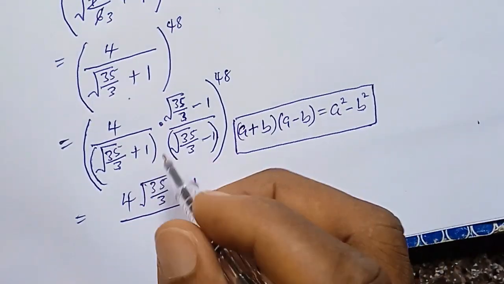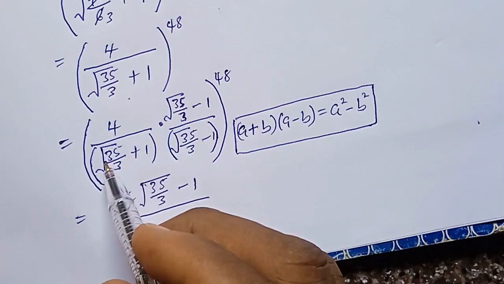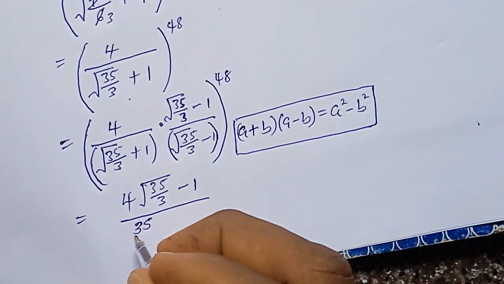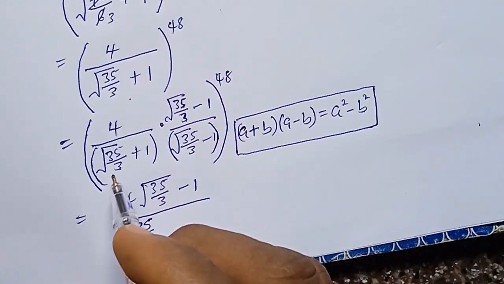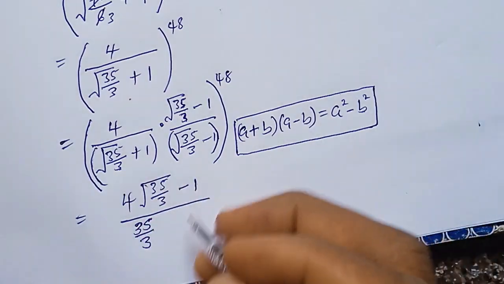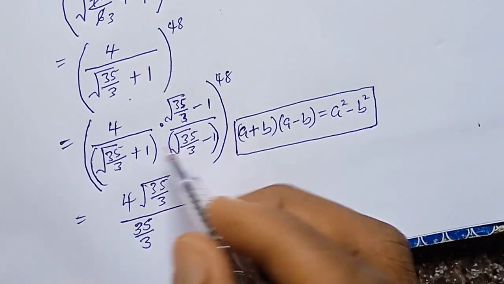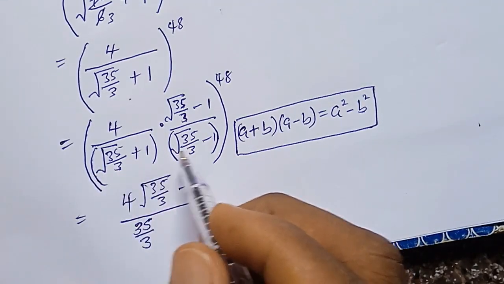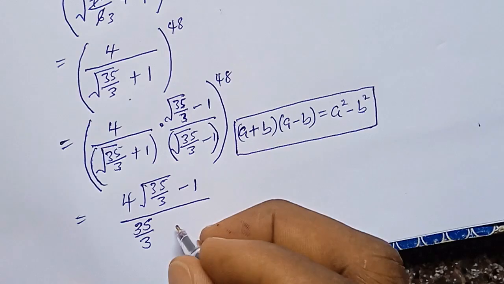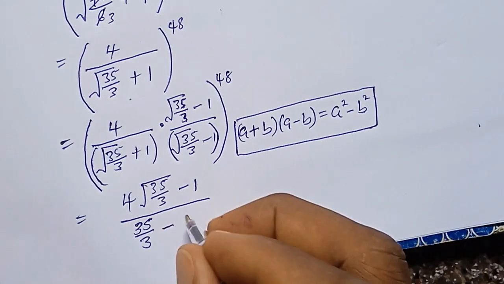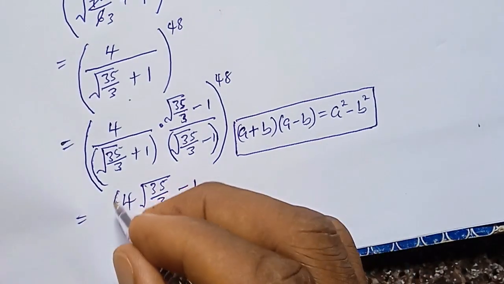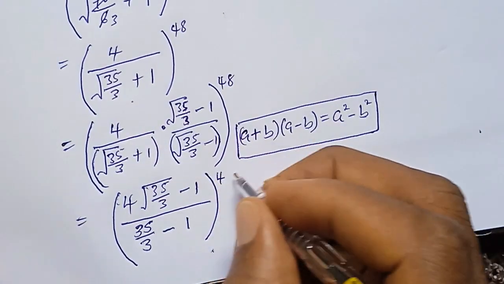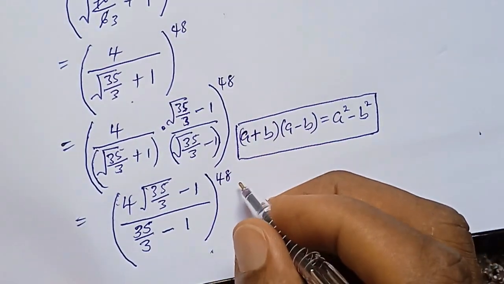If we multiply this, we get 35 over 3, because the square will negate the square root. So we now have minus 1, and that's what will remain at the denominator, all in brackets raised to power 48.